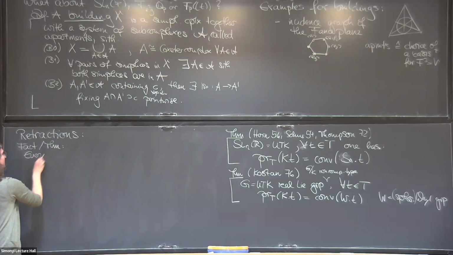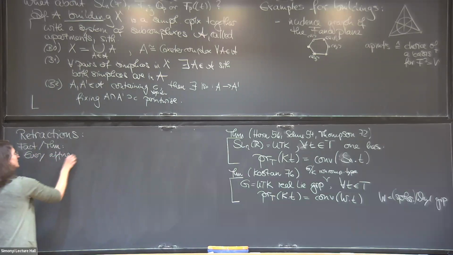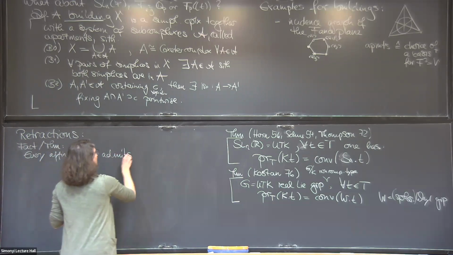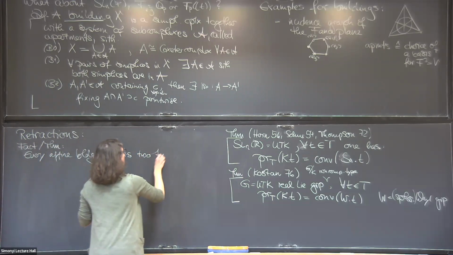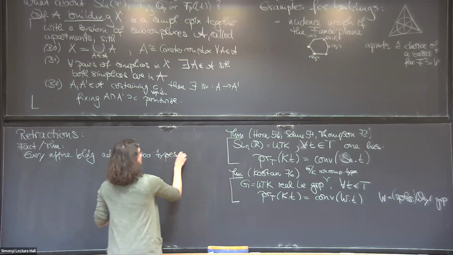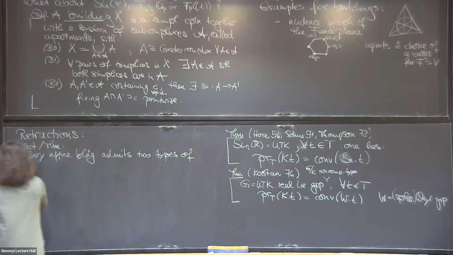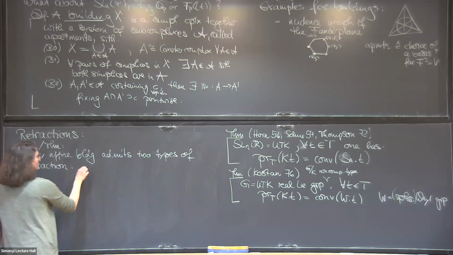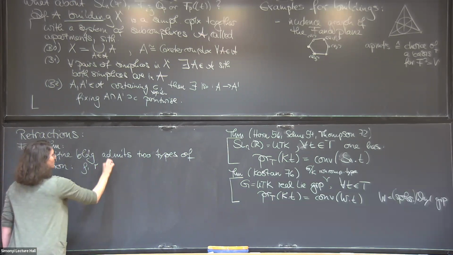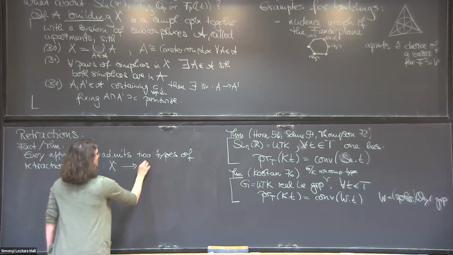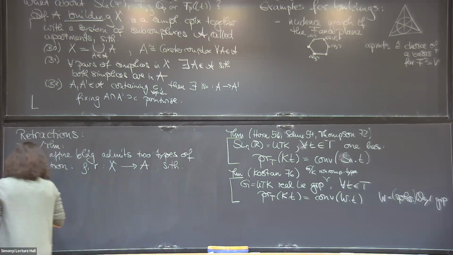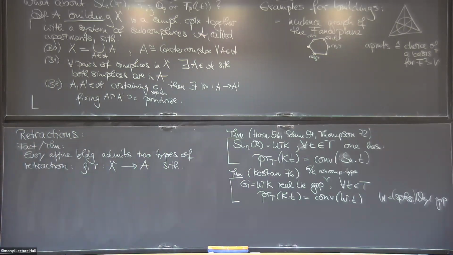Every affine building admits two types of retractions. The distance non-increasing simplicial maps from X onto A, again, such that they have geometric meaning.